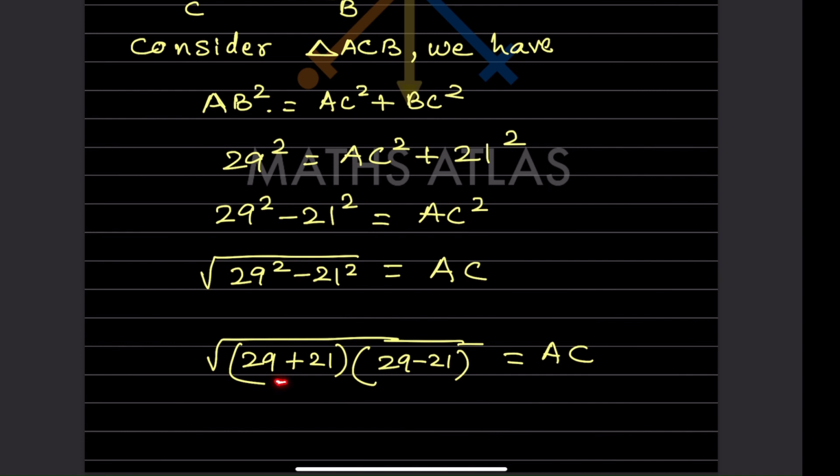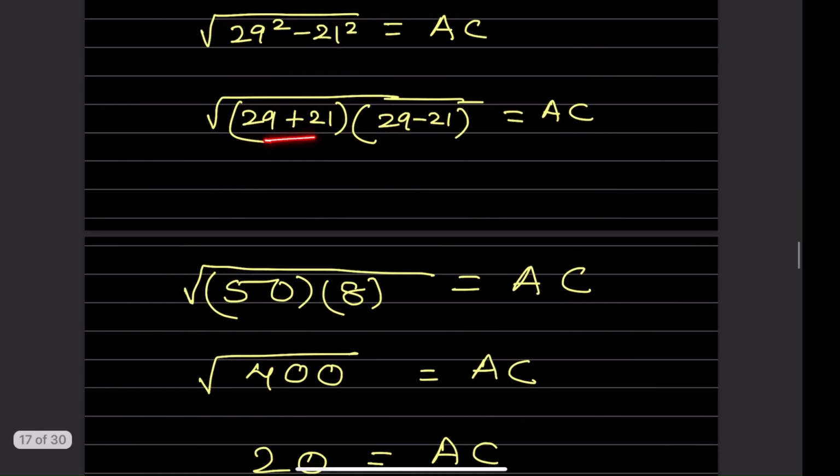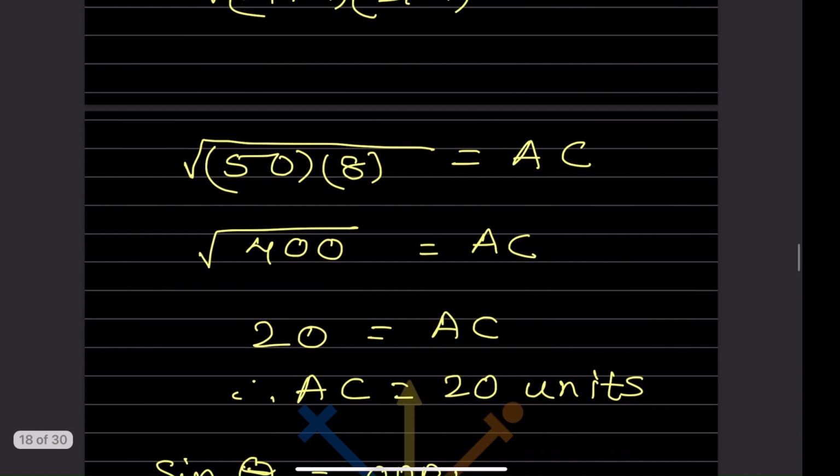So 29 plus 21, and here 29 minus 21, that is AC. This is going to be 50 and this is going to be 8, and when you multiply this, that is going to be 400. You know 400 is a perfect square, 20 into 20. So root of 400 is 20. So AC is 20 units, because we don't know whether it's centimeter or meter, but writing units is important.